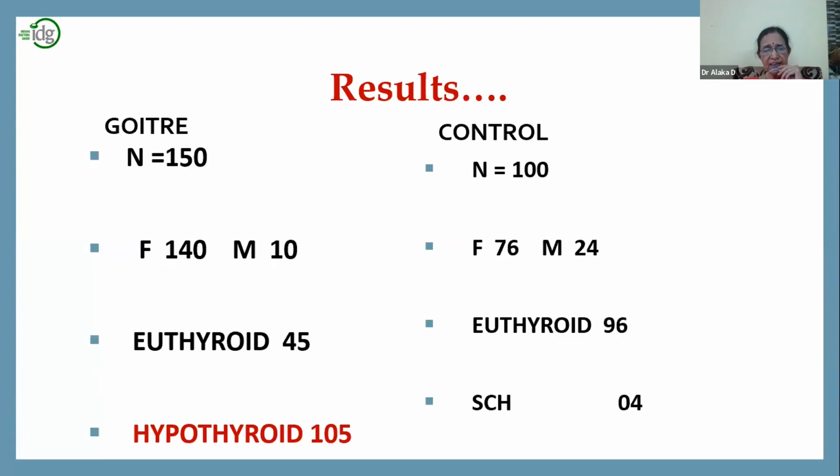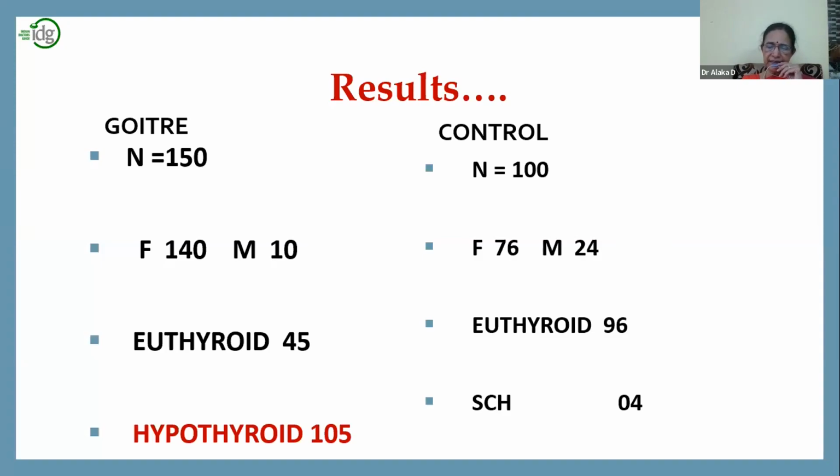That means they had come very early, and the hypothyroidism was detected by hormone profile. In the control group, 96 were euthyroid, and only 4 patients had subclinical hypothyroidism. So when the patient comes with goiter, please do morphological as well as functional evaluation.